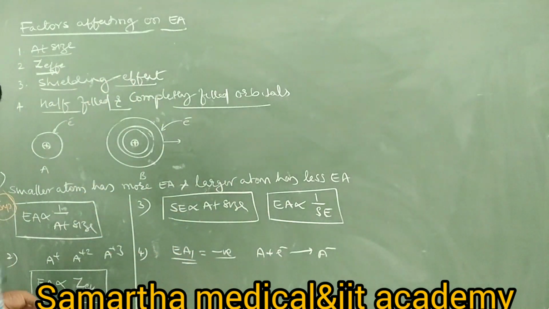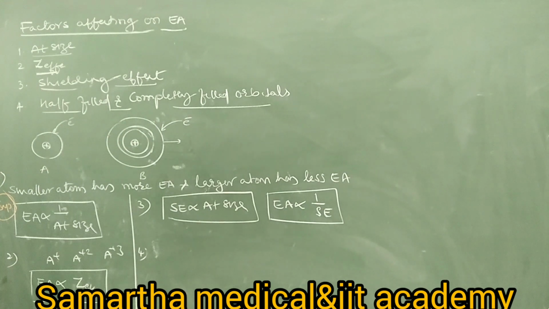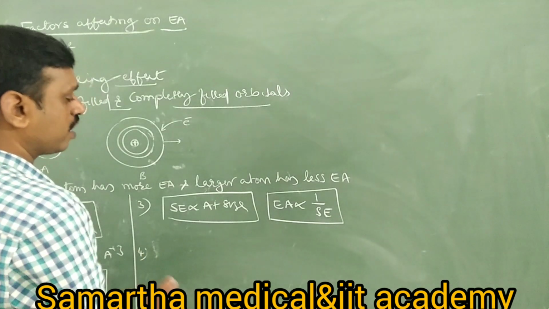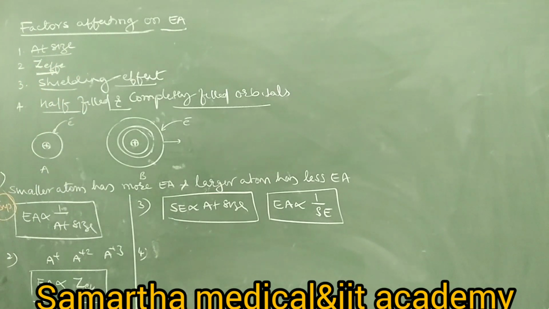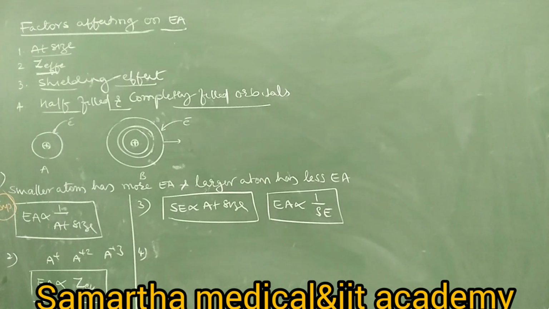Okay, this point is important, make a note. The elements which have half filled and completely filled orbitals are stable, hence they do not take electrons easily.